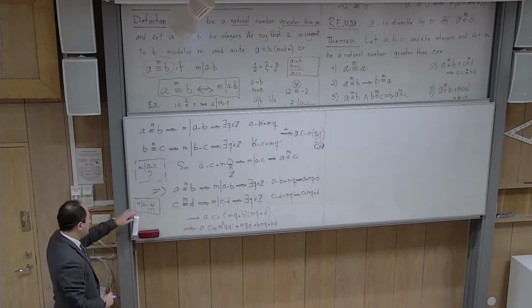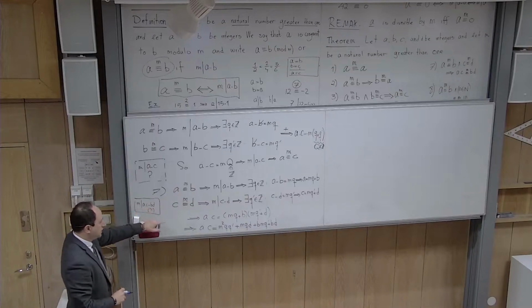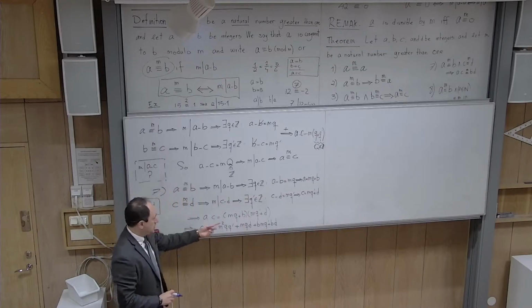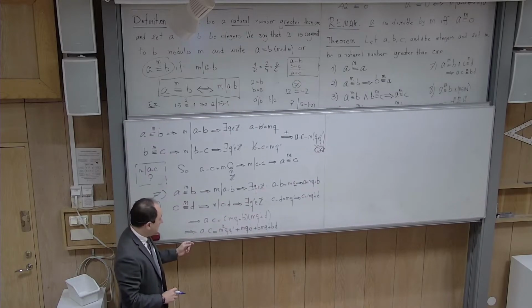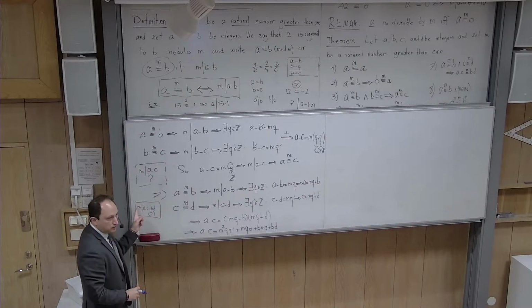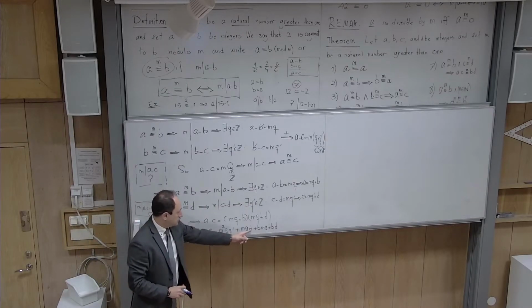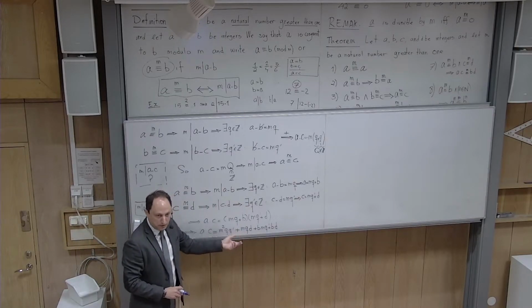But in the scratch work, I have already set up my strategy. I know that I need this combination. So this will motivate me to move this to the left again, because now it becomes minus bd. And I know that I need a factor of m. The good point is that all of the involved terms actually share an m in common, so I can pull that out.